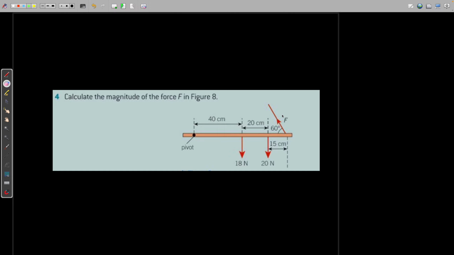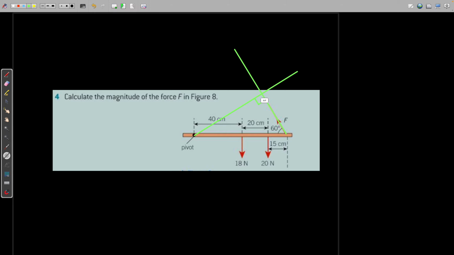But to find the moment of the force F, you're going to have to use a bit of trigonometry. Because that's 60 degrees, you're going to have to draw a line of force like this, and then another line from the pivot and find the perpendicular, so that'll be a right angle there.